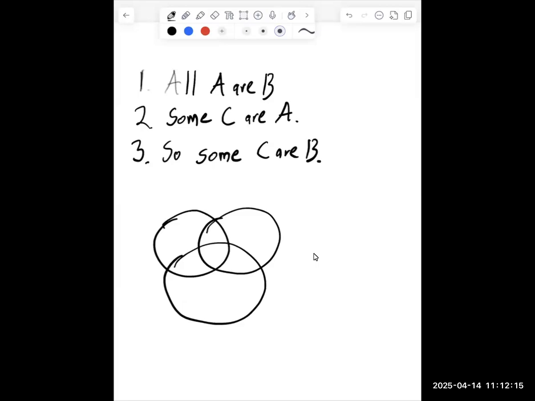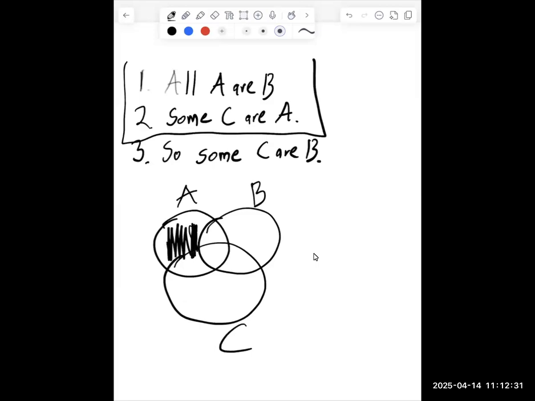All A are B. How are we going to model that? All A are B, well, we black out everything that is in A, but not B.